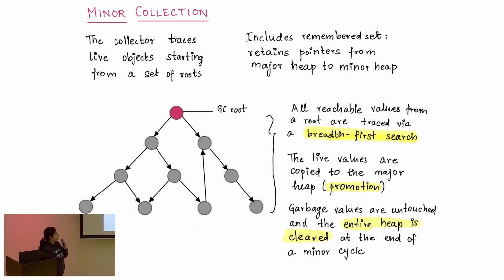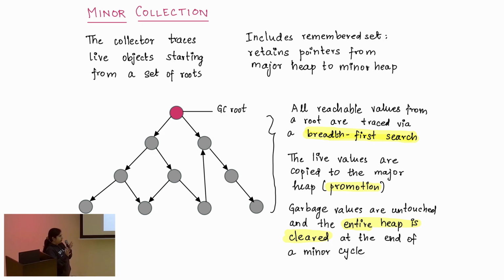What happens in the collection itself? The collector starts from a set of objects called GC roots. For the sake of simplicity, let's assume we have one GC root. What essentially happens here is there's a breadth first search with the root as the starting point to trace all the objects that are traceable from the root.